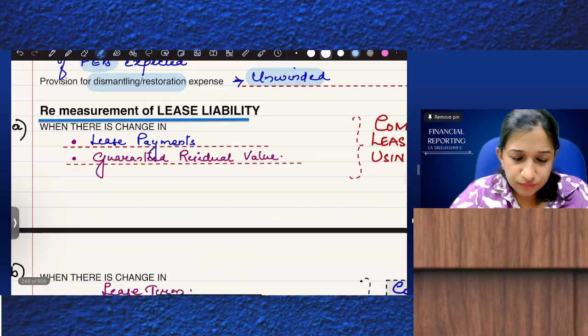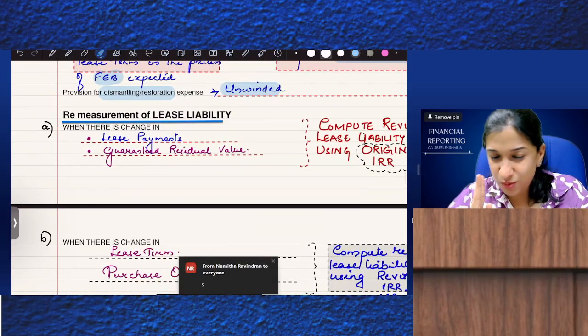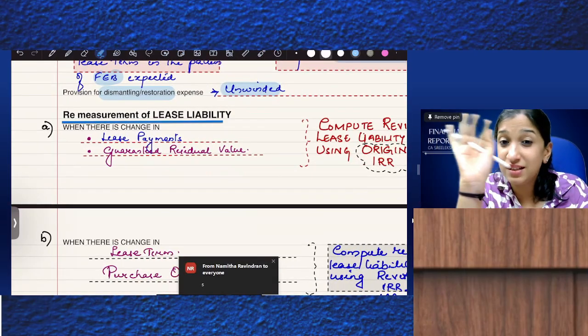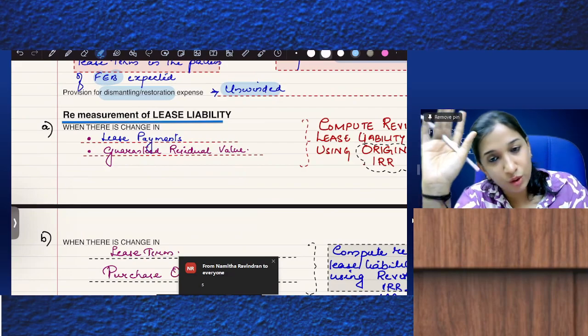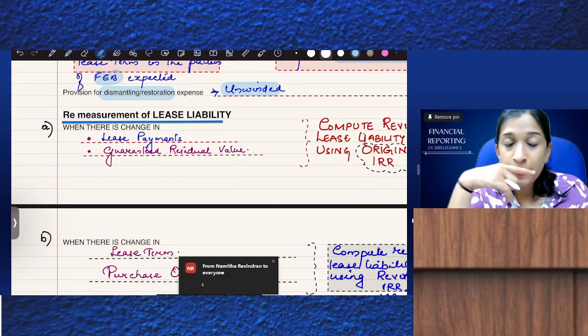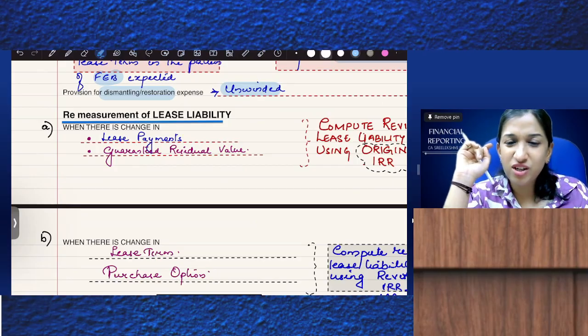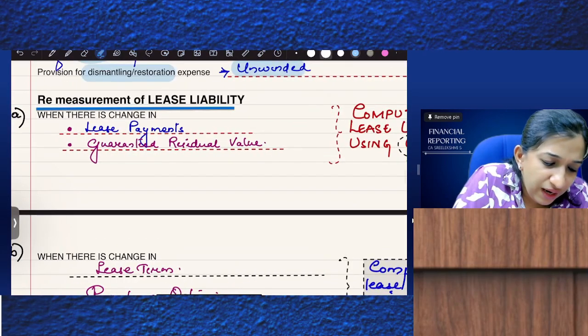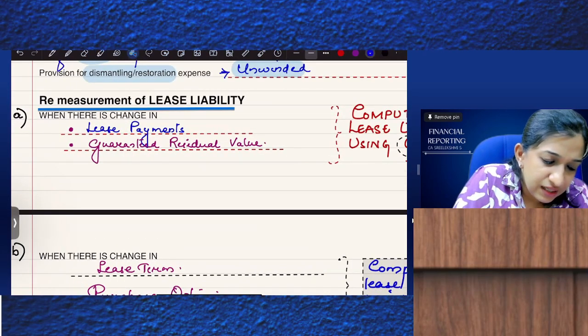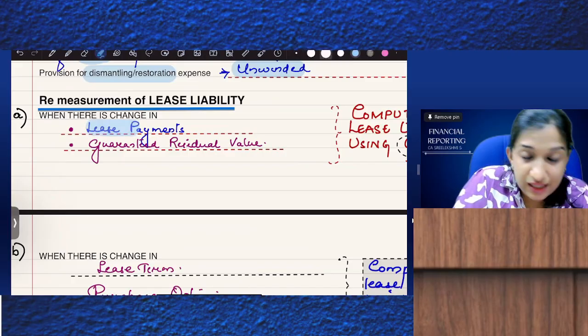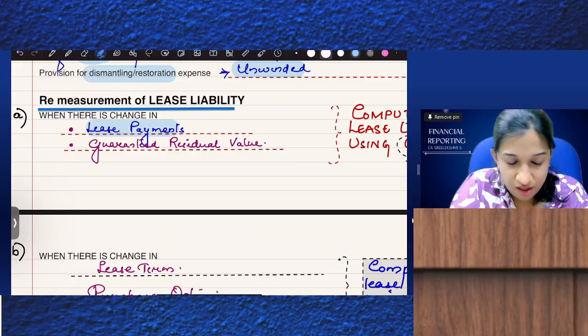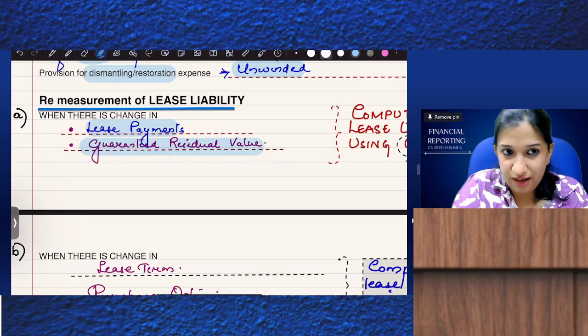Now, two more areas in the lessee's books. With that, the accounting in the books of the lessee can be closed by trying one question. Remeasurement of lease liability, when there is a change in lease payments or guaranteed residual value.